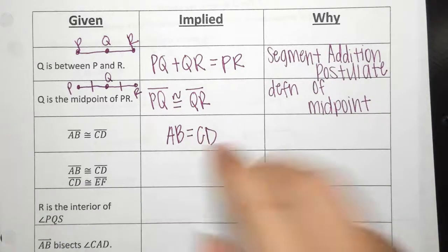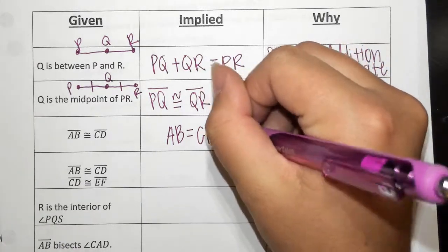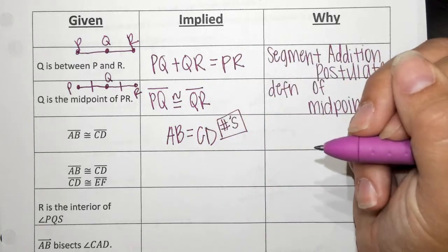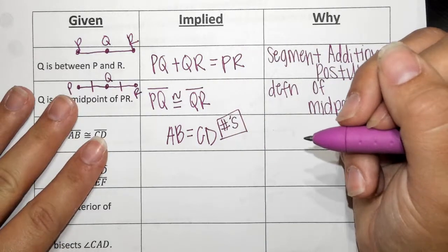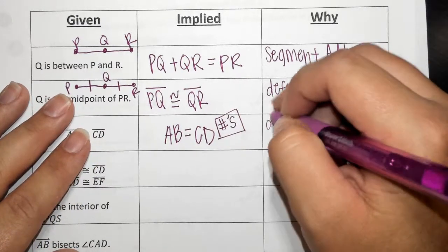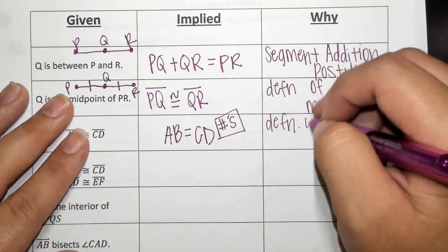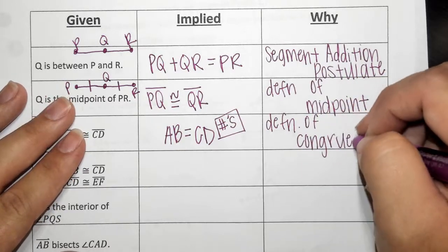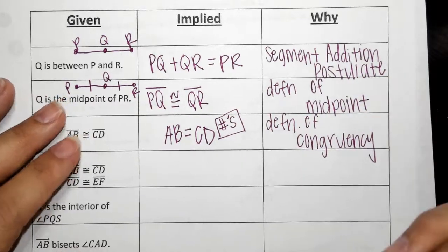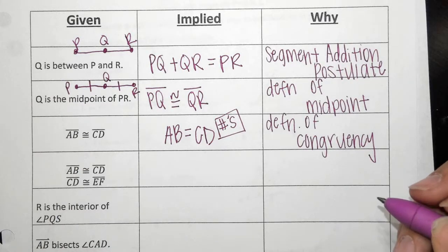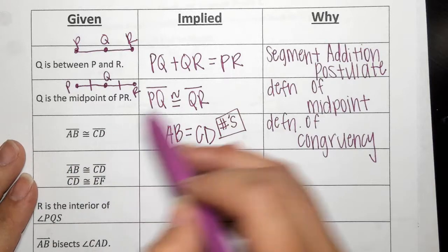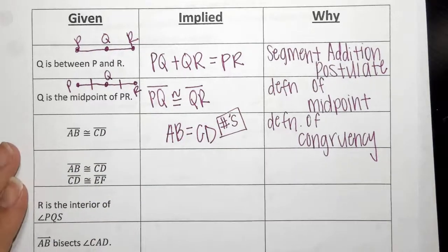When you go through this, it means you can plug in numbers. The reasoning behind it is called definition of congruency. I'm going to explain more about that in just a minute. So if it's congruent, we have to show that it's equal.